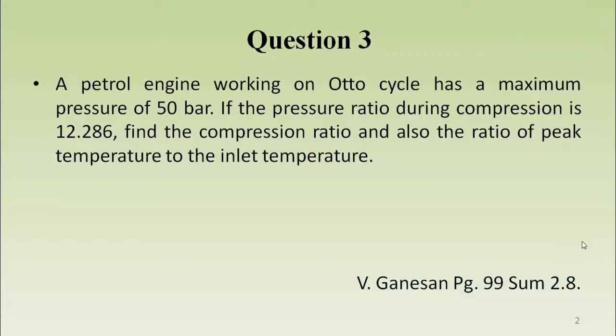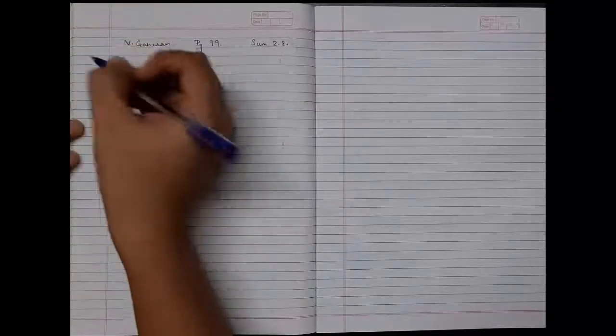The peak temperature will be at the end of heat addition process. So peak temperature will be at T3 and inlet temperature will be at T1. So the first step, as always, is to write down the given data.